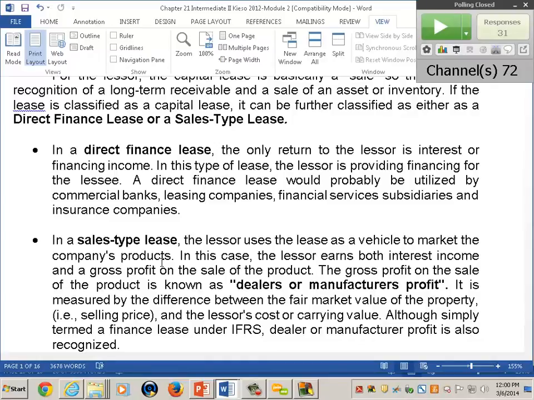Now, on a sales type lease, we have dealers and manufacturers that would use this type of accounting. And here, not only do you have interest revenue, but we have gross profit.